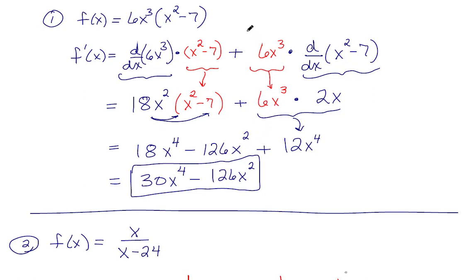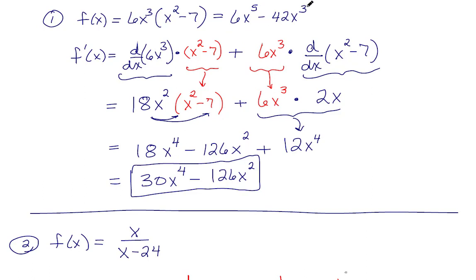You could have also, just from the very beginning, multiplied this thing out, and you would have had 6x to the fifth minus 42x cubed. Now, yes, that would have been a lot faster because now I can differentiate this. 5 times 6 is 30x to the fourth.